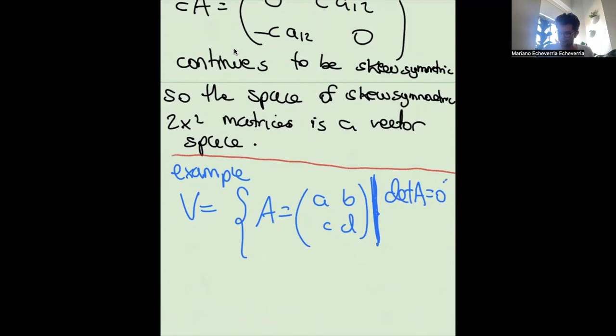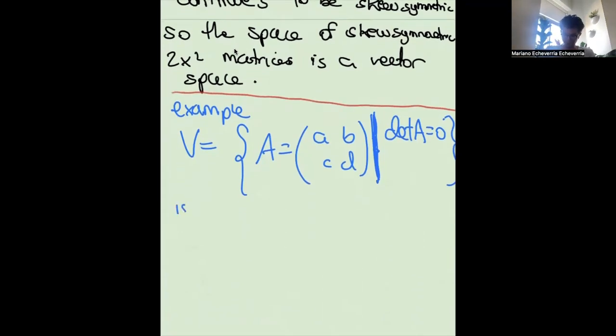What do you think about this one? Would this be a vector space or not? So here's my question: is V a vector space or not? I'm looking at all the 2x2 matrices whose determinant equals 0, right? So my question is, would that be a vector space? What do you think?